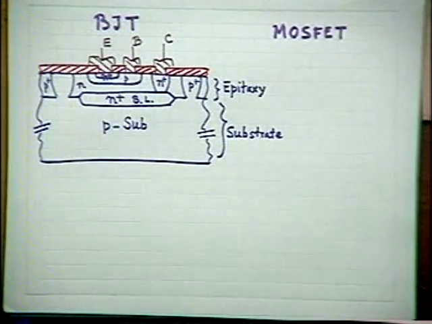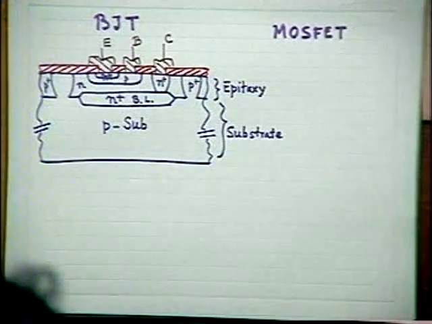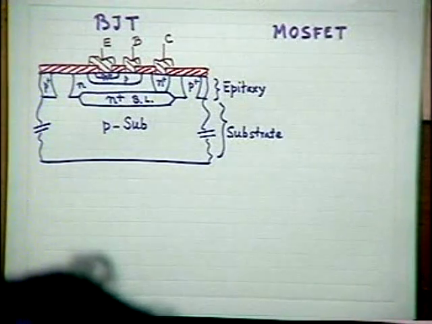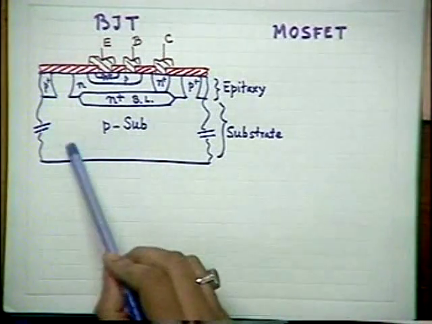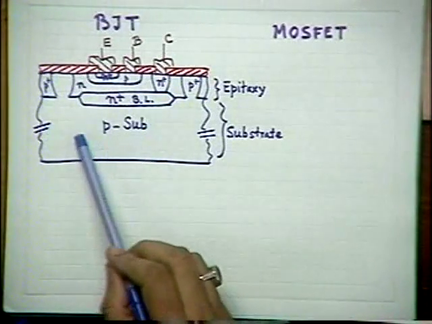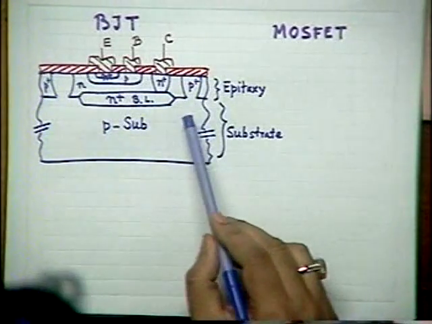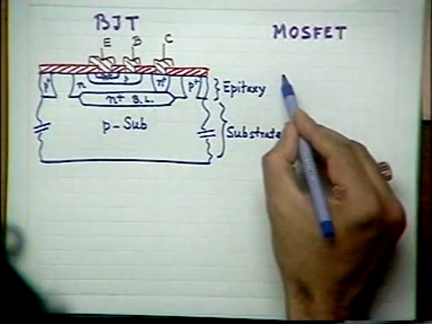As you see, this basic structure of a bipolar junction transistor is made of a p-type silicon substrate, which is sufficiently thick, maybe up to 500 micron thickness.